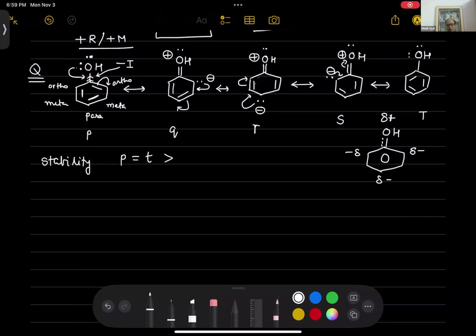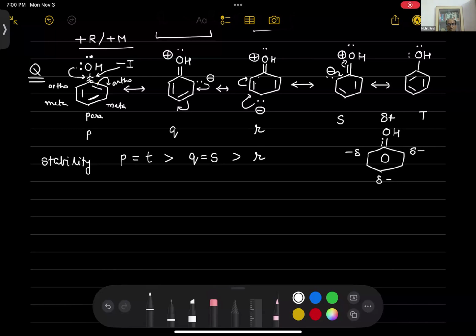The problem is with Q, R, and S. Q and S are identical in terms of the distance between plus and minus, and then you have R, because the positive and negative charges have moved away.